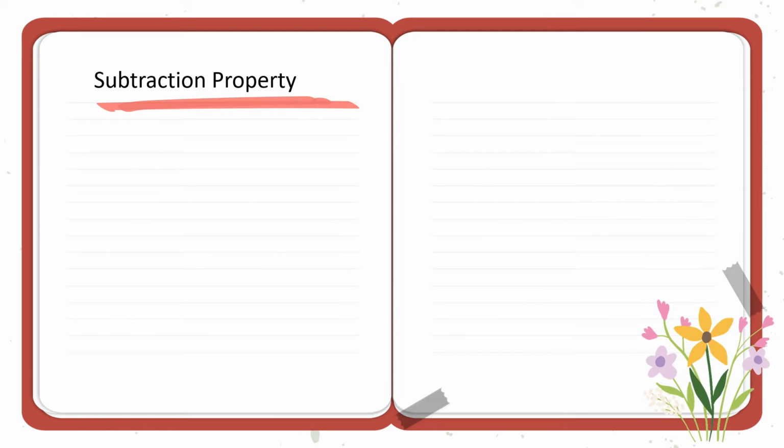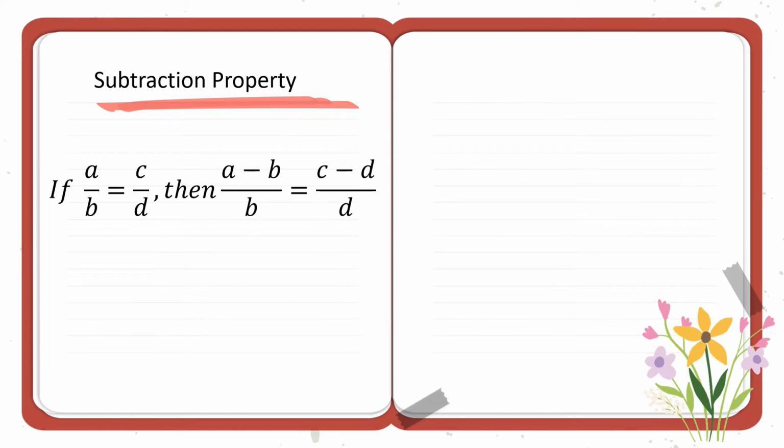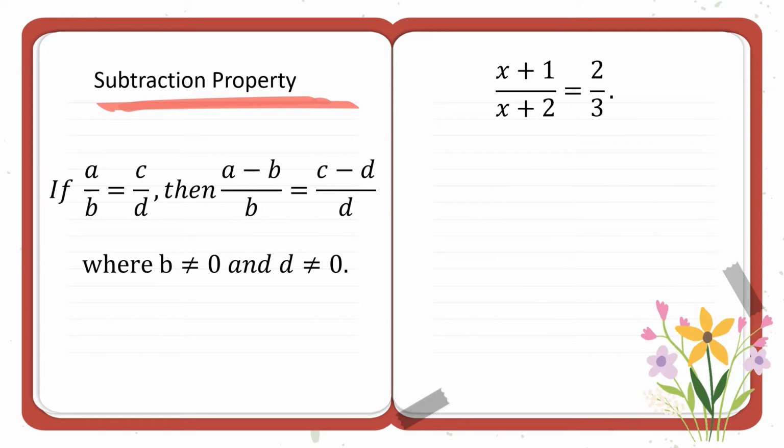Next, if we have addition property, we also have the subtraction property. If A over B equals C over D, then A minus B over B equals C minus D over D, where B is not equal to 0 and D is also not equal to 0. So let's use this property to solve for x.